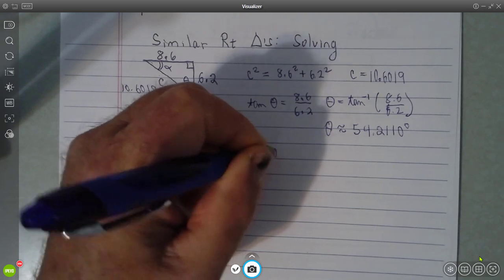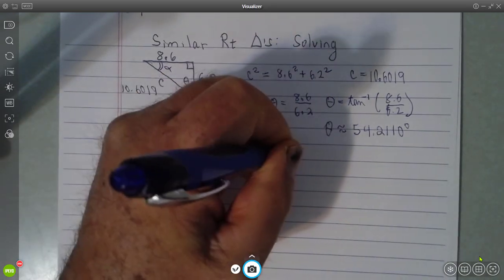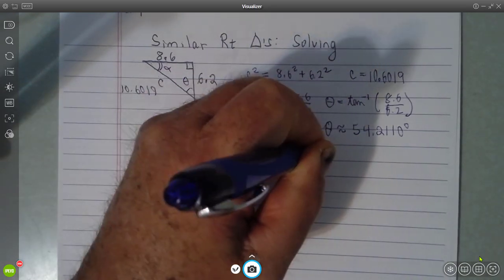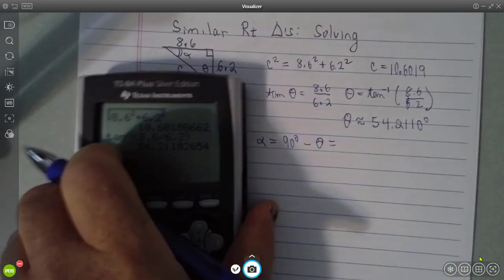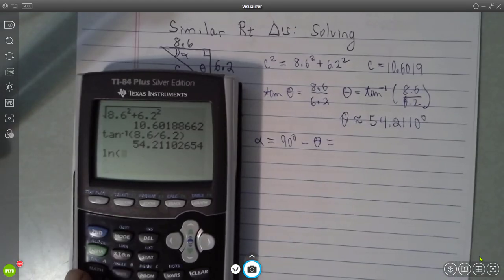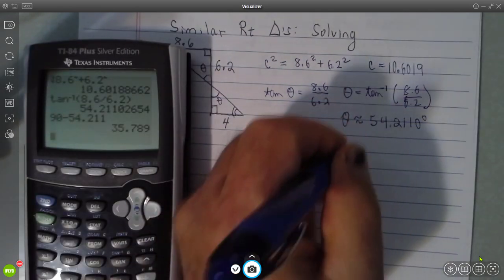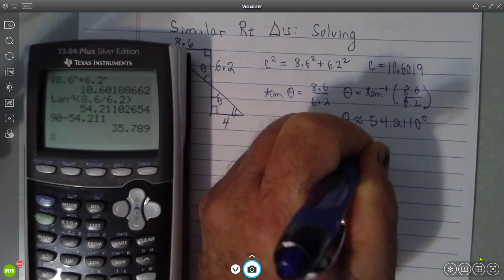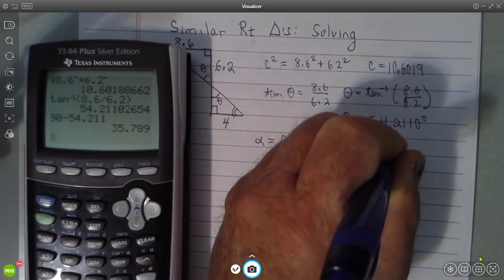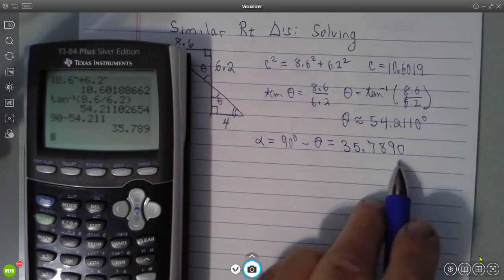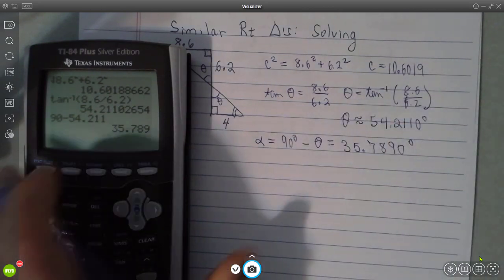And 90 degrees, we've used up the measure of theta, 54.2, etc. So we can take 90 minus 54.211, and we have 35.789. And that's accurate to the zero there, so this one is accurate to the zero as well.